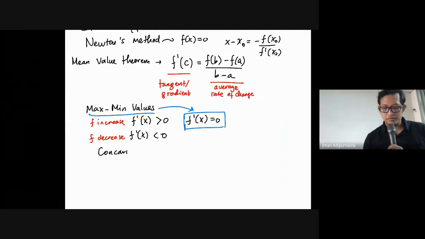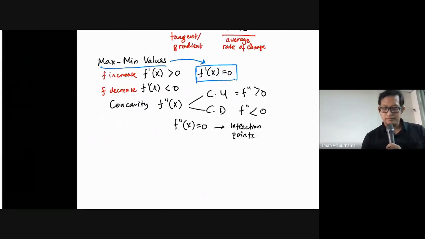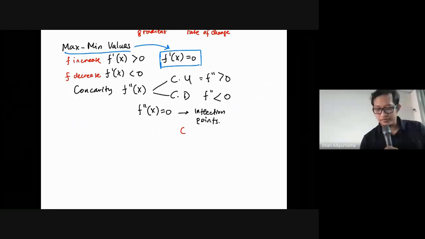You get the concavity also using the f double prime. It can be concave upwards or downwards. And if this is equal to 0, it might be the inflection point, meaning the inflection point is where upwards changes to downwards or downwards changes to upwards.